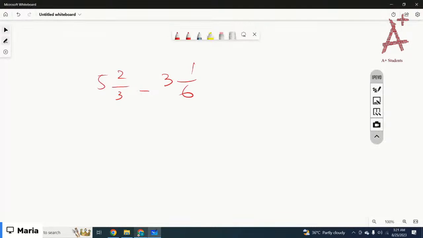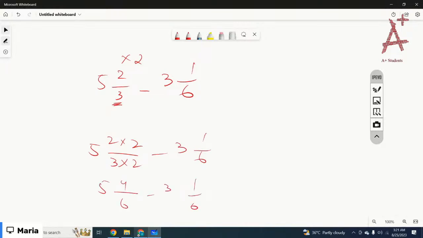First of all, you have to make their denominator same, right? So 3 times 2 is 6. You have to multiply this fraction by 2, right? 5, 2 times 2 divided by 3 times 2. It would be 5 whole 4 over 6 minus 3 whole 1 over 6.